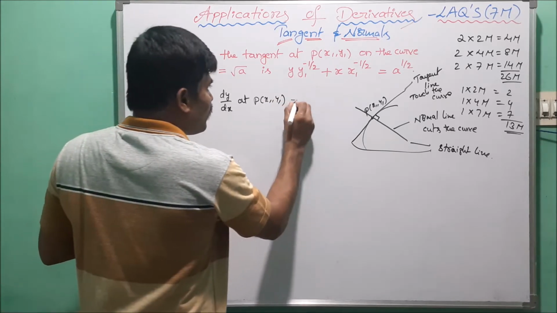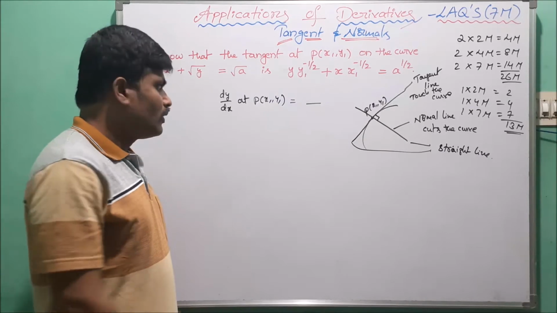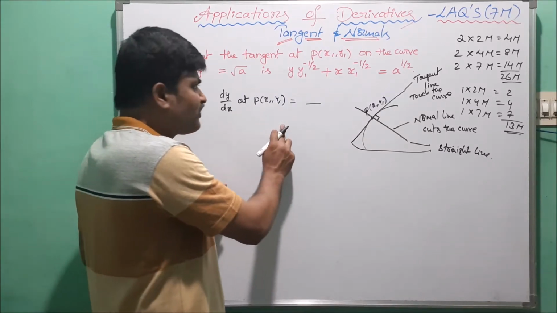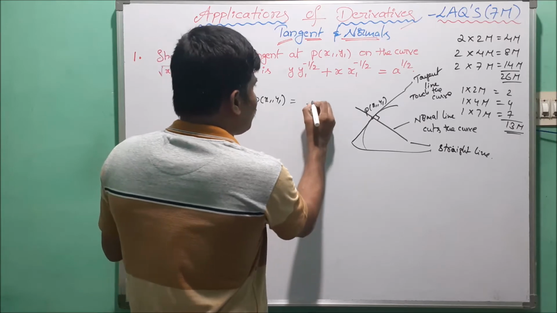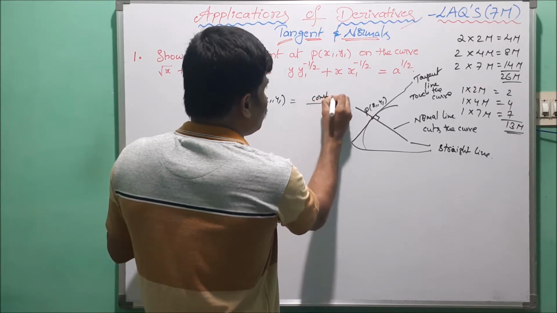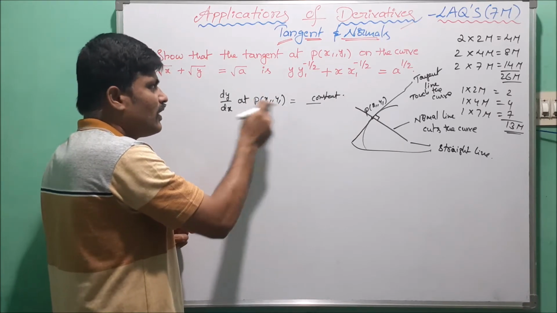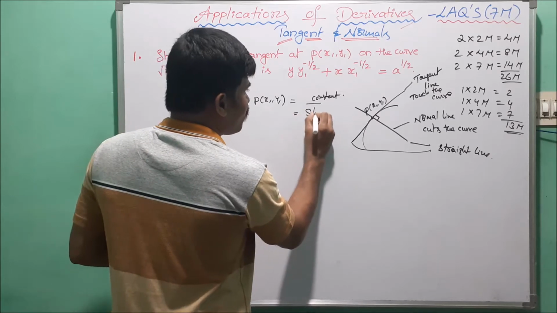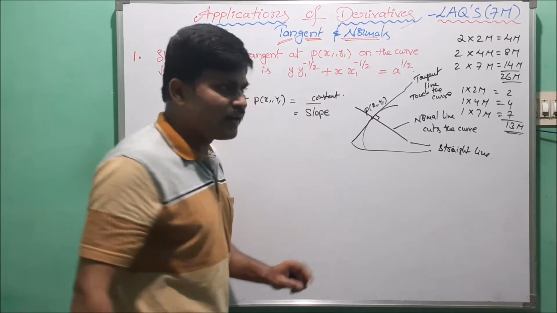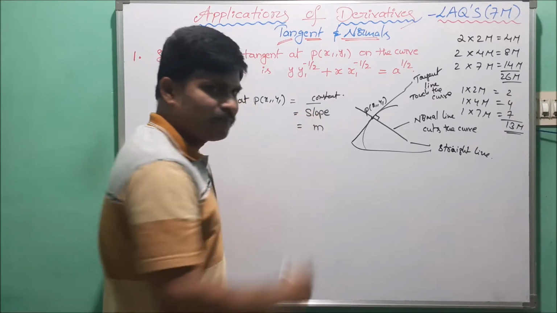This is one type of number, a constant value, because we put the values x1, y1 in dy by dx. That constant is called the slope, which is denoted as small m.